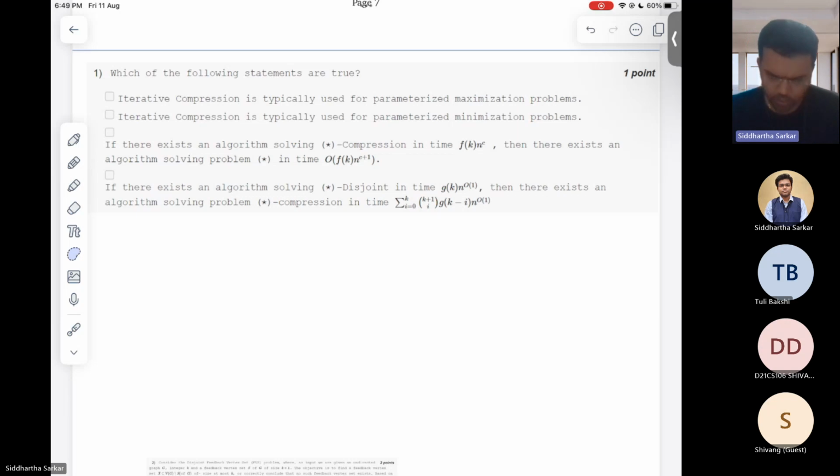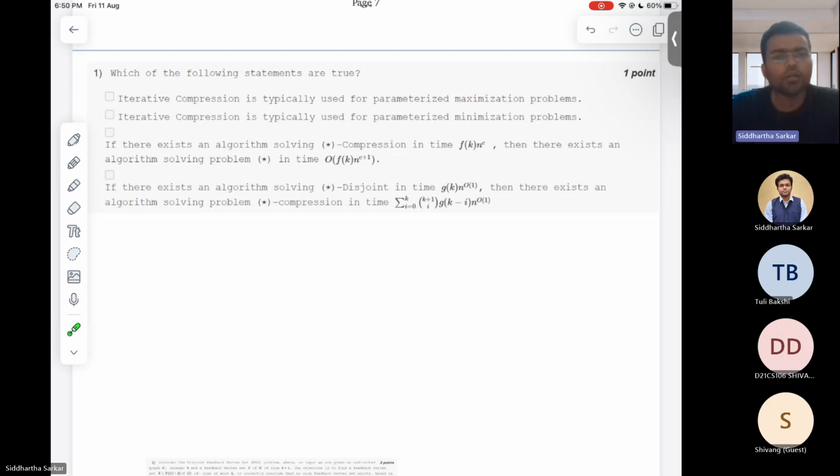There are 4 statements, and these statements are related to iterative compression. If you've gone through the third week lectures, then you'll be able to answer these questions. Let's start with the first one. I'll take the marker.